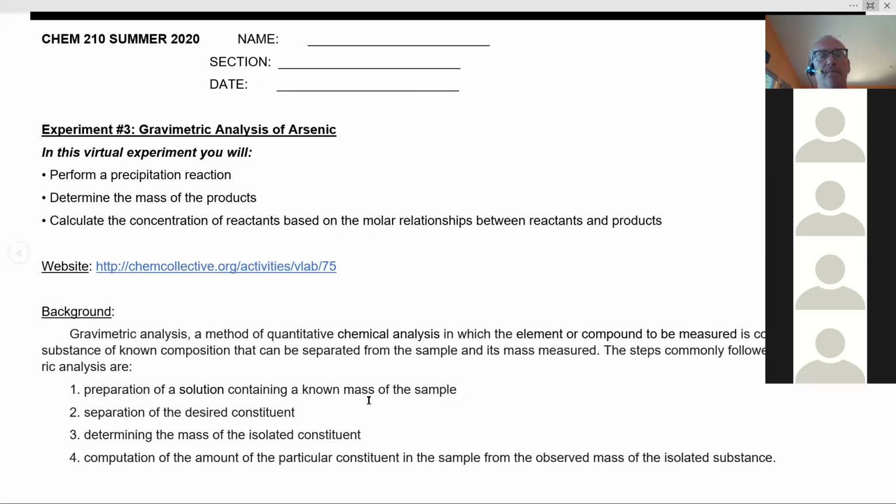One of the ways that we can test for arsenic, to see if it's present in a sample, is to get the arsenic in solution somehow. When we look at the description of the lab, you'll see that what you want to do is get arsenic into an aqueous solution.